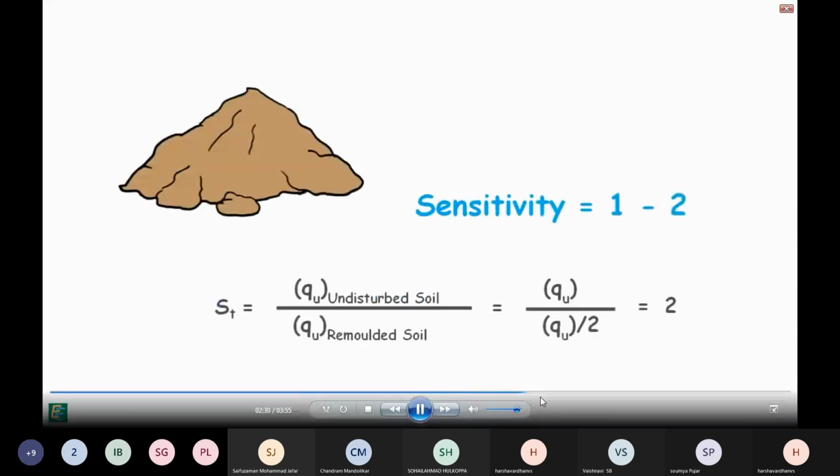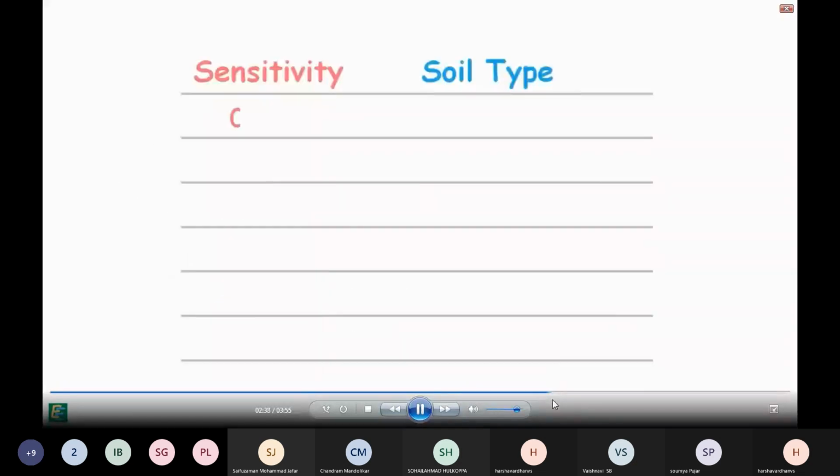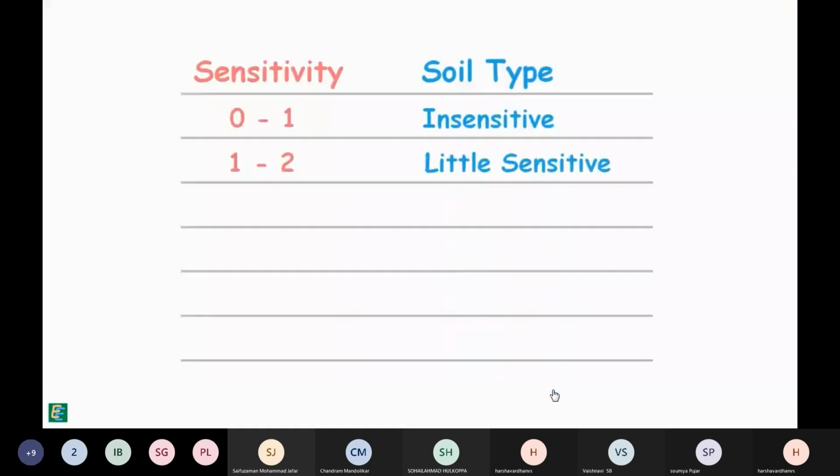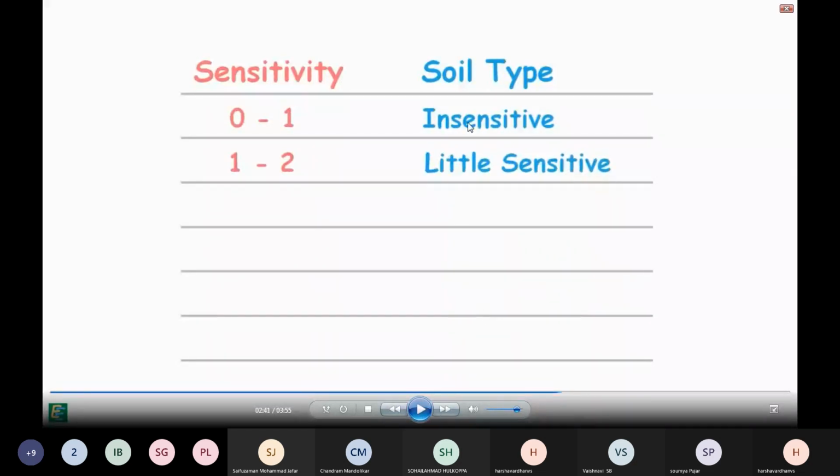Depending on the sensitivity, the soil can be grouped as insensitive or little sensitive. Insensitive means it will not lose much strength. Little sensitive, it will lose little strength upon remolding. If the sensitivity value is between 0 and 1, it is insensitive.